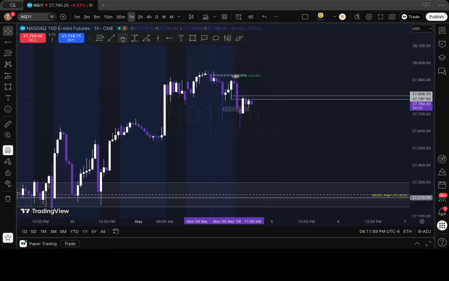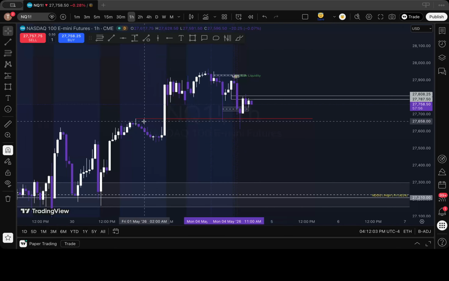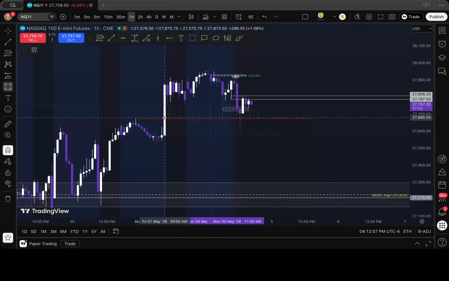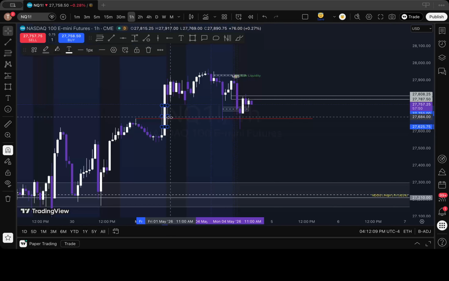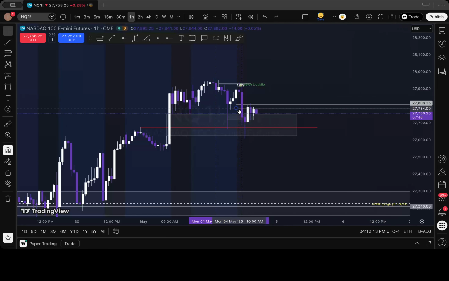And then we shifted, we broke fair value gap. There's so many ways that you could frame out your trades. It's so fractal. And look, these were our targets up here, from an hourly standpoint now.